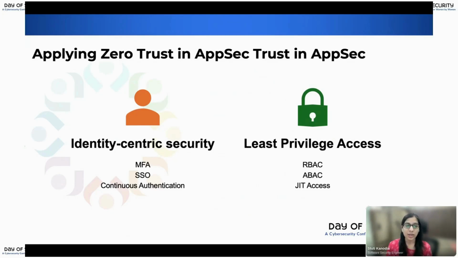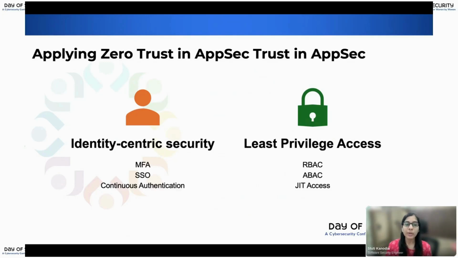Now, SSO is single sign-on. Basically, it is a way to access multiple applications within the organization by providing a single password. It's very user friendly, and it provides a very productive approach to access multiple applications while logging in only once with one password.